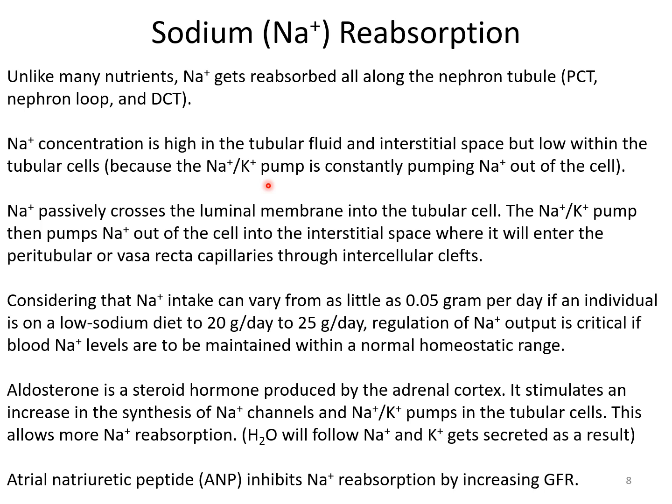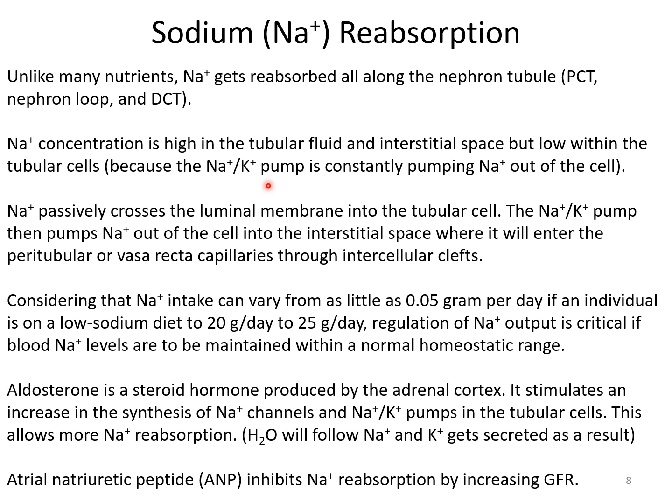So again, from the tubular fluid, it goes through a sodium transport protein nice and easily because it's moving down its concentration gradient from high to low, and gets into the cell. Once it's in the cell, it can diffuse across to the other side of the cell where the sodium-potassium pump will pump it out. And at that point, it's pumping it into the interstitial space, and it'll get reabsorbed by either a peritubular capillary or a vasa recta capillary.